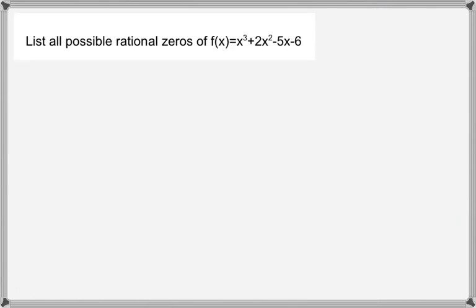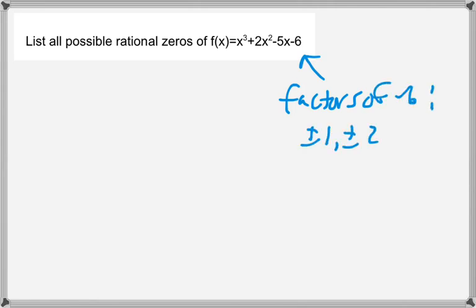So let's practice using the Rational Zeros Theorem. We're going to list all the possible rational zeros for this function, and this function is going to have the same list as the one we just did, actually. That was poor planning on my part. So the constant term is still negative 6, right? So our factors of negative 6 are plus or minus 1, plus or minus 2, plus or minus 3, plus or minus 6.